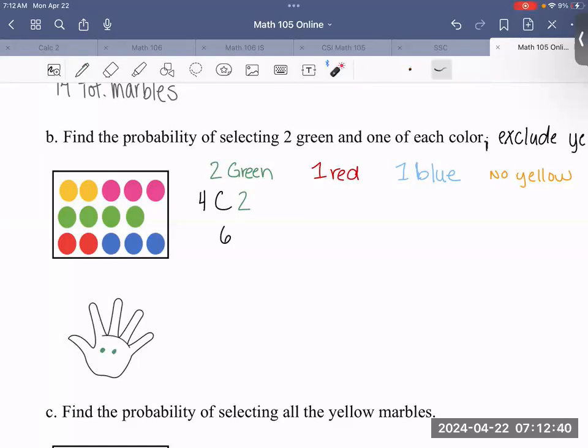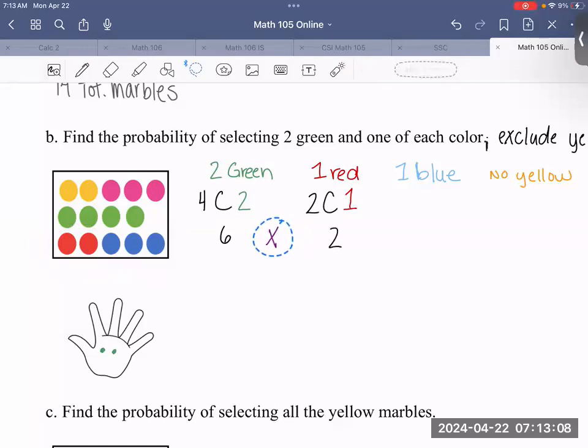Okay, now is it a requirement that I go back and get a red or a blue or a yellow and so forth? Yes, I have to go back and get some more, so we're going to be multiplying here. Now, of my total red, how many do I need to choose from? Right? Of my 2 total red, I'm going to choose 1 of them. So 2 choose 1, which is 2.